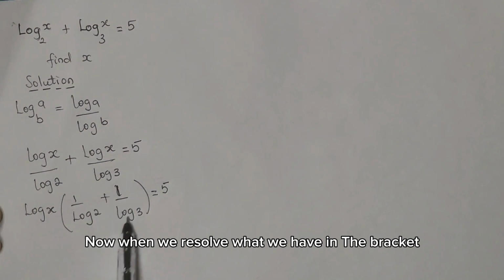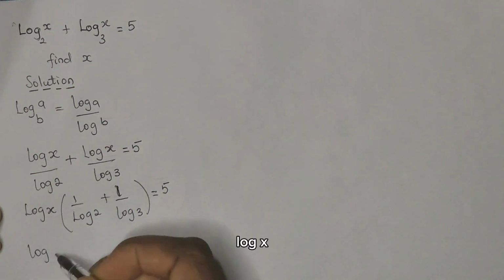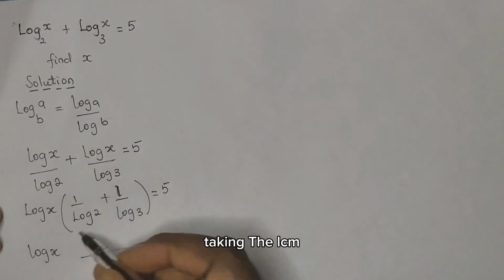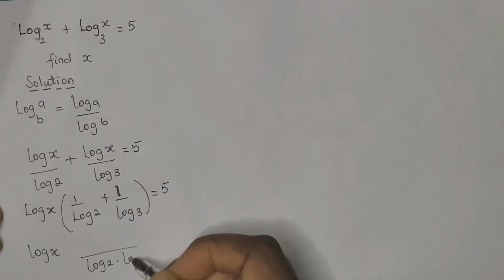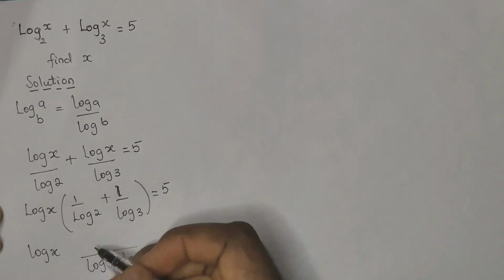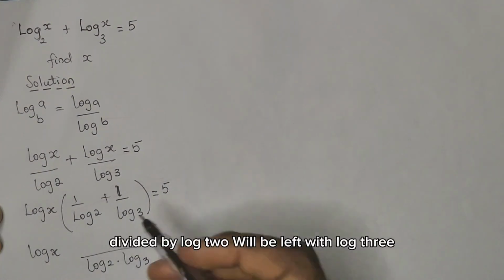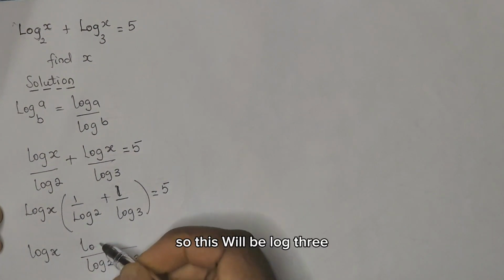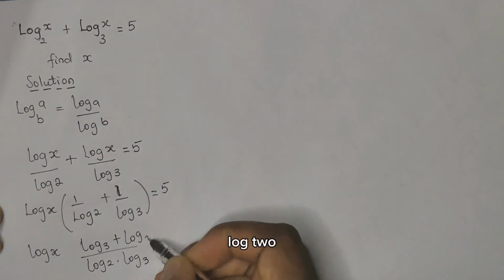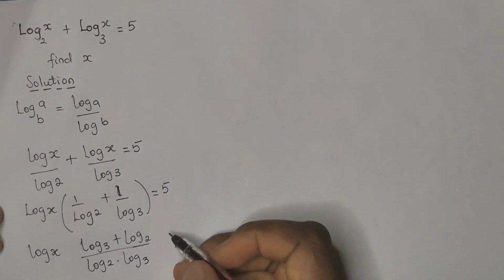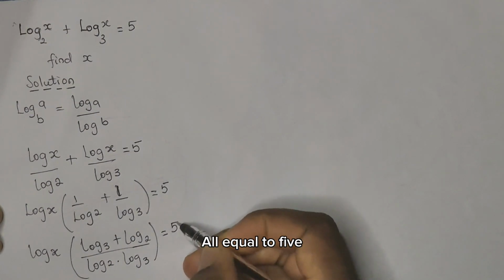Now when we resolve what we have in the bracket, taking the LCM, which is log 2 times log 3, log 2 log 3 divided by log 2 will be left with log 3. So this will be log 3 plus log 2, all equal to 5.